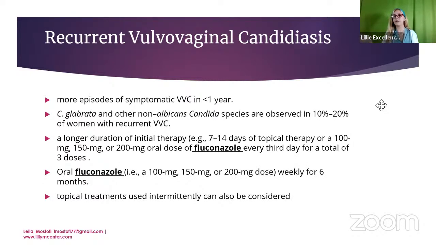And if recurrent vulvovaginal candidiasis happens, what should we do? In this case, there are 4 or more episodes of symptomatic VVC in less than 1 year, or Candida glabrata and other non-albicans Candida species are observed in 10 to 20% of women with recurrent VVC.